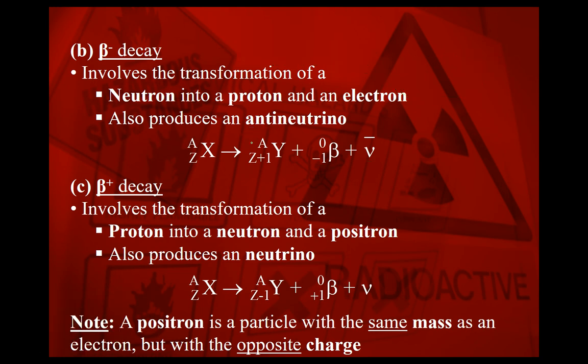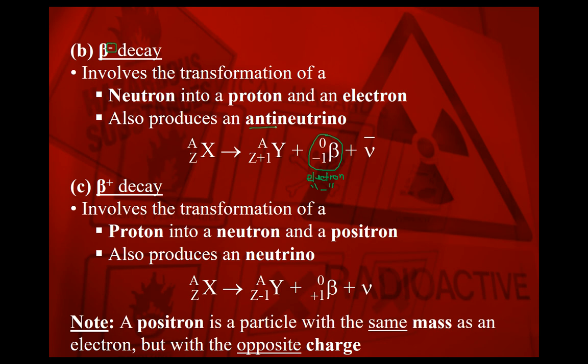Now, here's a little way I used to memorize what kind of particles are emitted in each of these. When I see beta negative decay, what kind of electron am I getting? I'm getting the negative one, the regular old, negatively charged electron. What kind of neutrino am I getting?